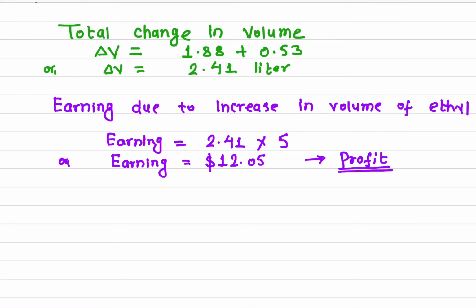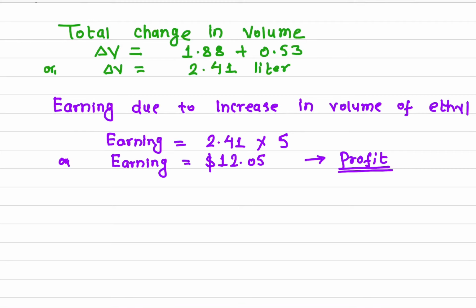Okay. So in other words, what we can also understand is, if a big company packs all the vodka or the alcoholic beverage at a low temperature, then there will be an expansion of the volume at a high temperature.